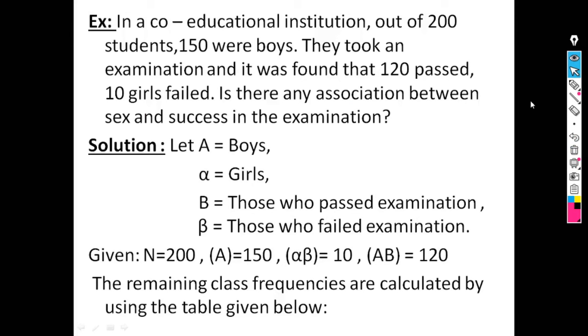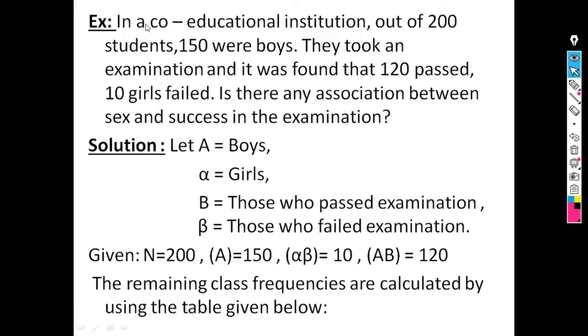Another example is, in a co-educational institution, out of 200 students, 150 were boys. They took an examination and it was found that 120 passed, 10 girls failed. Is there any association between sex and success in the examination? So first we define our attributes.